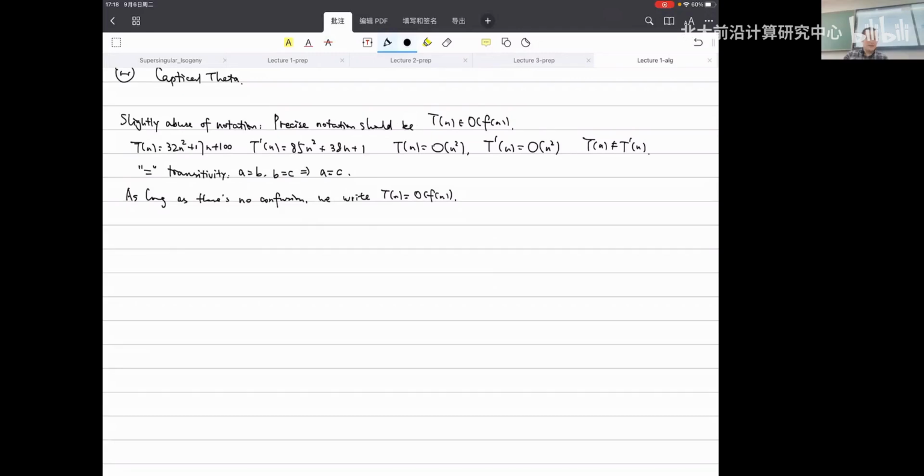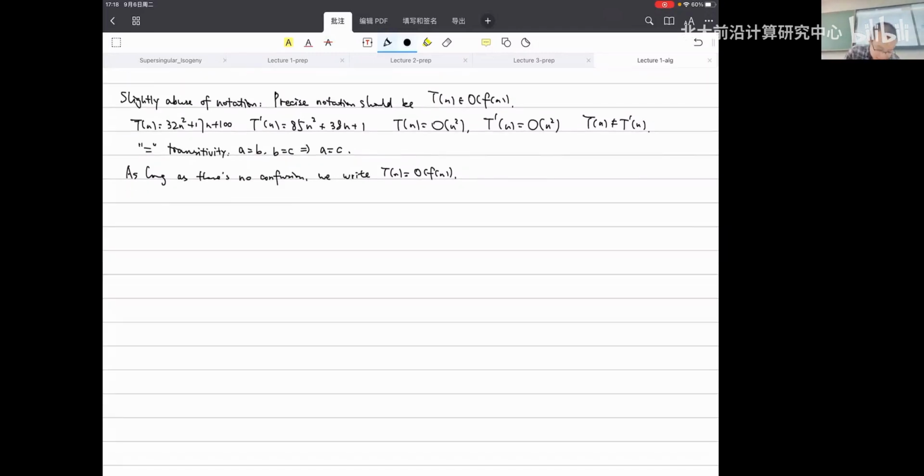And also for the big O notation, we want to make sure that we don't claim something meaningless. So what is a meaningless statement? Maybe I just write this down and you look at this sentence: any comparison-based sorting algorithm requires at least O(n log n) comparisons.